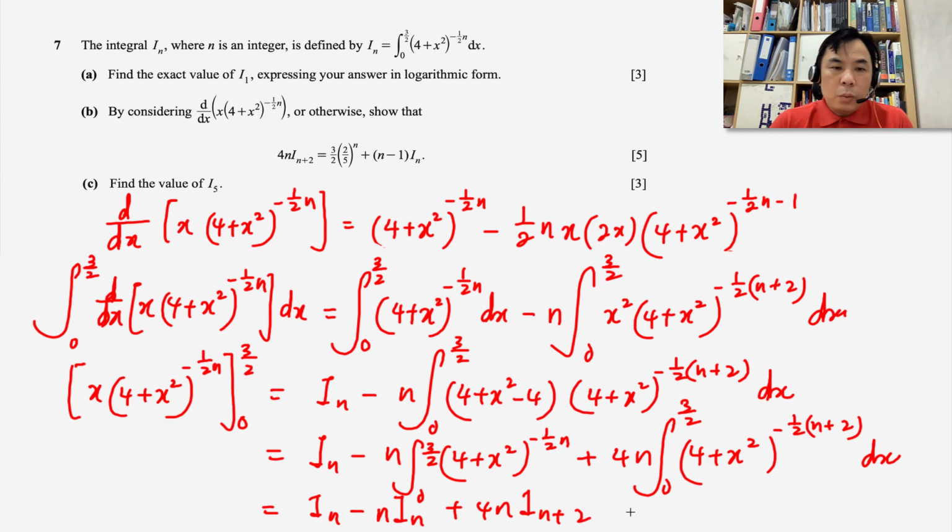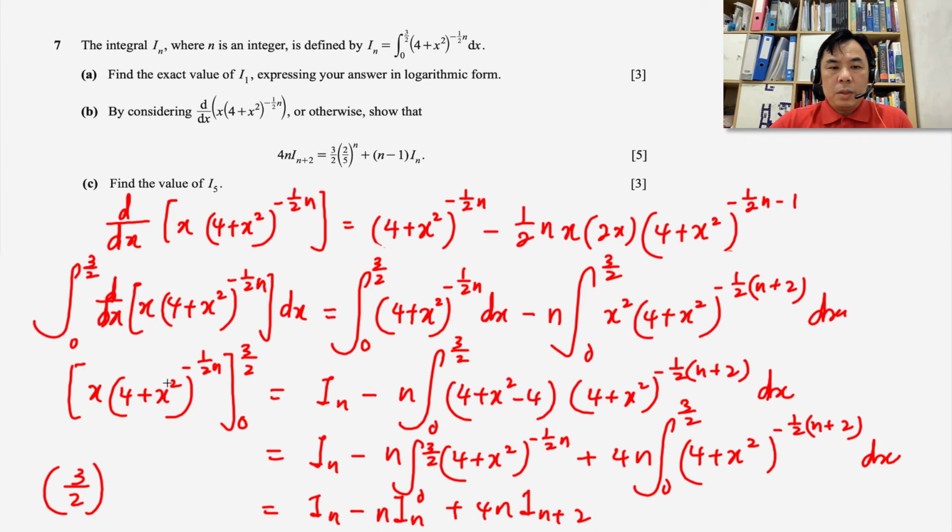Okay, and then we are almost done. All we need to do is just substitute this value into here. So if I were to substitute this value into here, that will give me 3 over 2. And then I'm going to substitute this one into here also. And then that will typically give me a 9 over 4, 16 over 25.